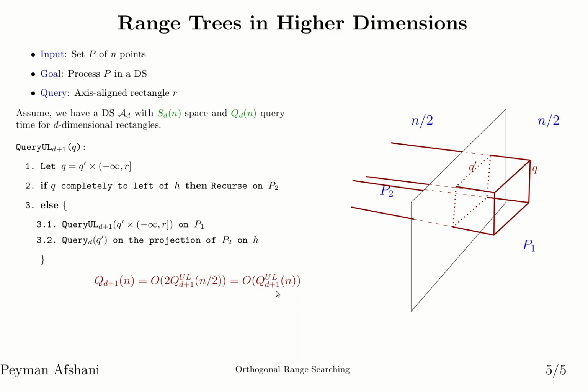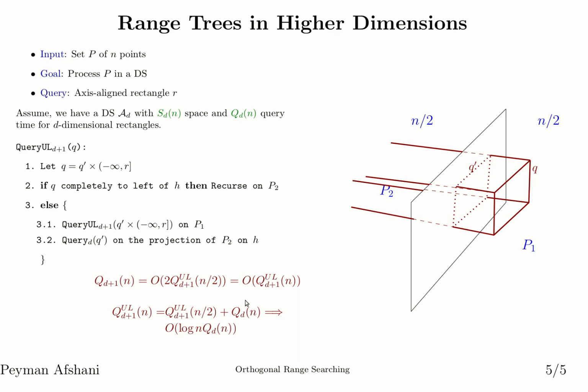So now it remains to analyze the query time of the unbounded query. If you look at this recursion, step 2 is easy, because you just recurse on a point set that is half the size by spending constant time. So the time-consuming case is the else case. In this case, we first recurse on a point set that has half the size, plus we call the d-dimensional query on a point set that is half the size.